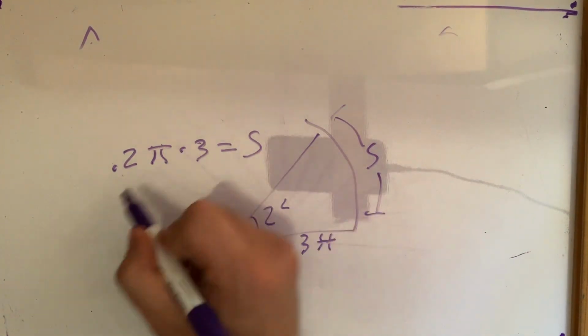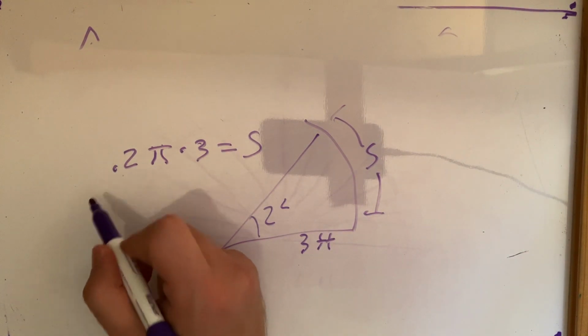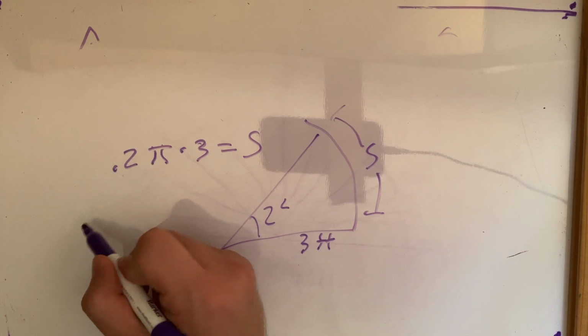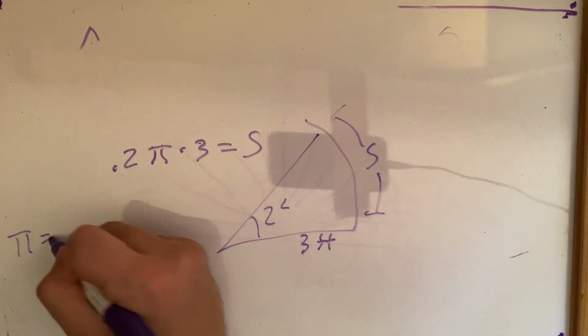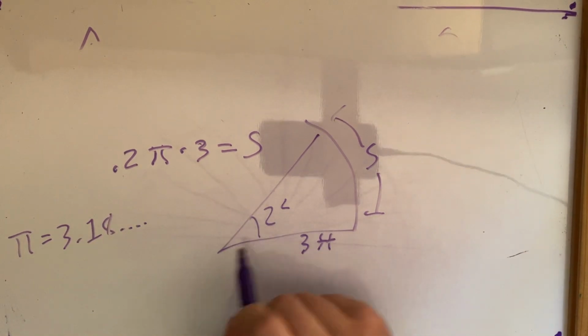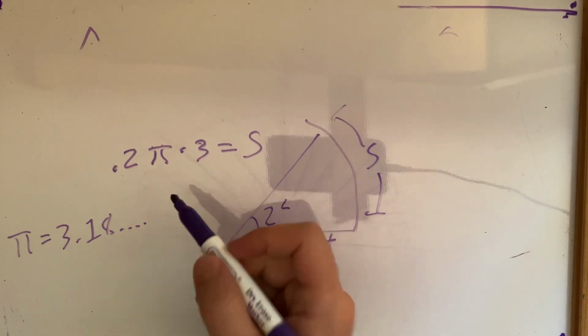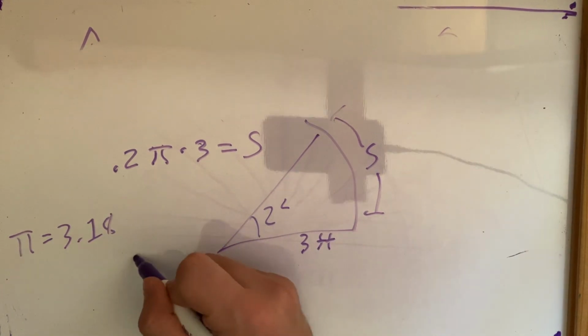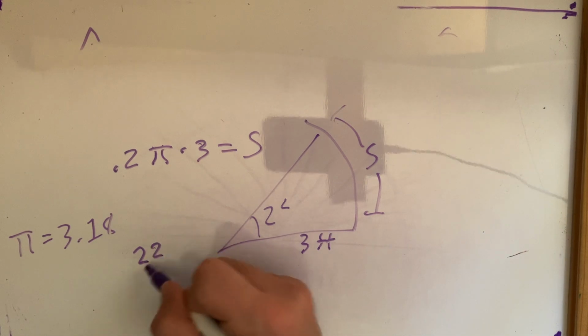In this case, pi in base 12, because a lot of things change when you go from base 10 to base 12, pi now is 3.18... It's like 1.84 something. I don't remember. And you know how the fraction used to be 22 over 7?